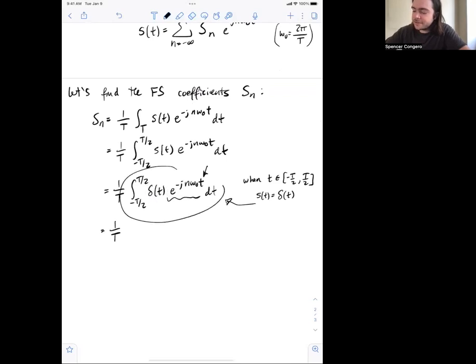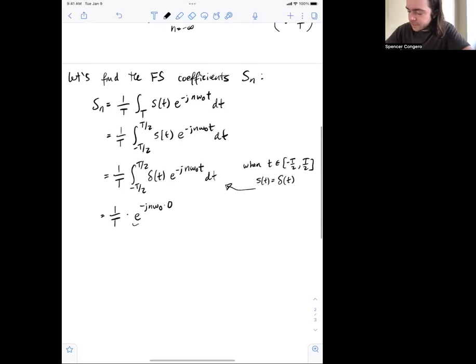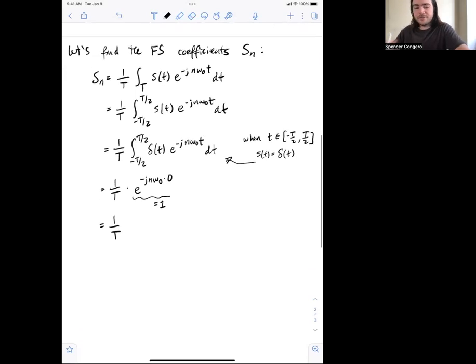So this entire integral is just going to pick out the value of this function evaluated when t equals 0. Okay, so I'll write that: times e to the negative j n omega naught times 0. But of course, we know e to the 0 is just 1. So we end up with 1 over T. There we go. Those are our Fourier series coefficients s sub n.